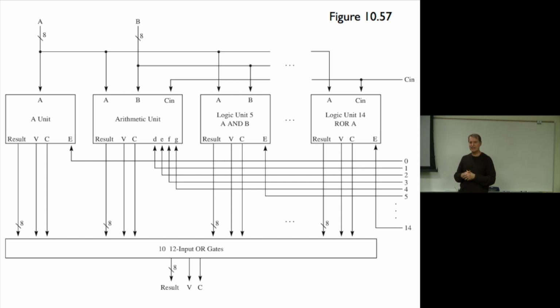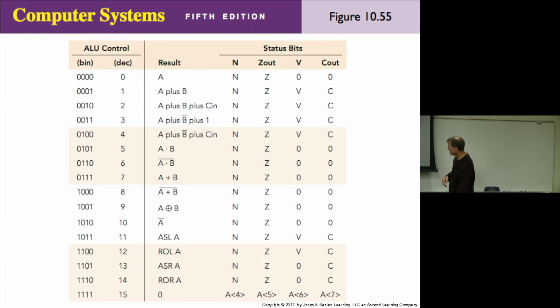How many inputs for each AND gate? 3. You might think 2, one for A and one for B, but there's also the enable. It'd just be a bank of AND gates with an enable. So it'd be a group of 8 3-input ANDs, and V and C, I think V and C are also 0 in that case, right? I would assume so.